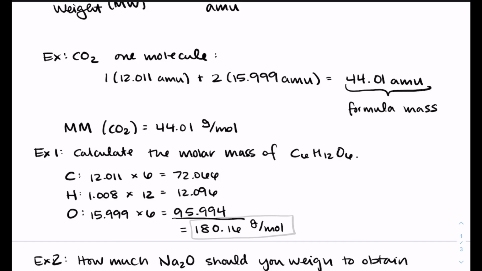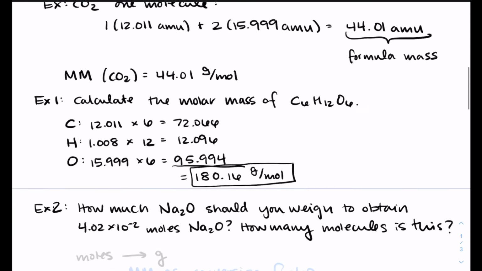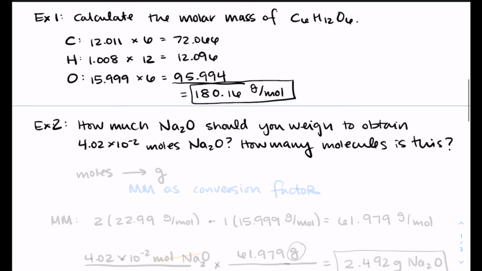I've kind of mentioned why we would need it, but let's do an example that shows exactly why we need it. So the question is, how much sodium oxide should you weigh to obtain 4.02 times 10 to the minus 2 moles of sodium oxide? And then, how many molecules is this?